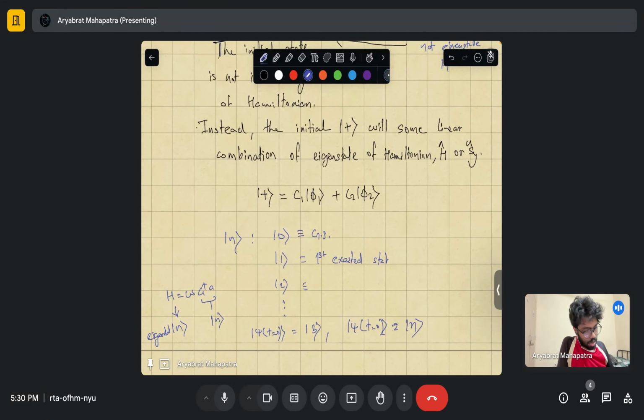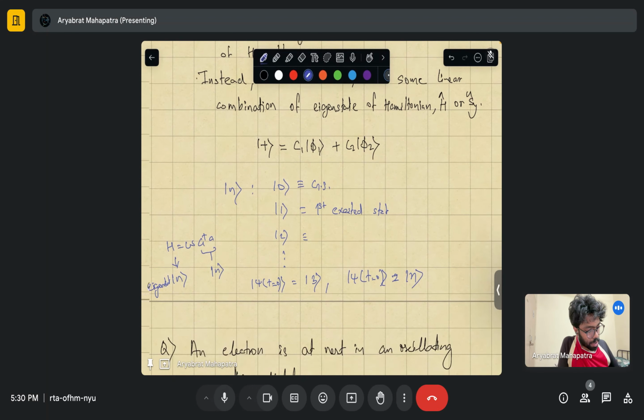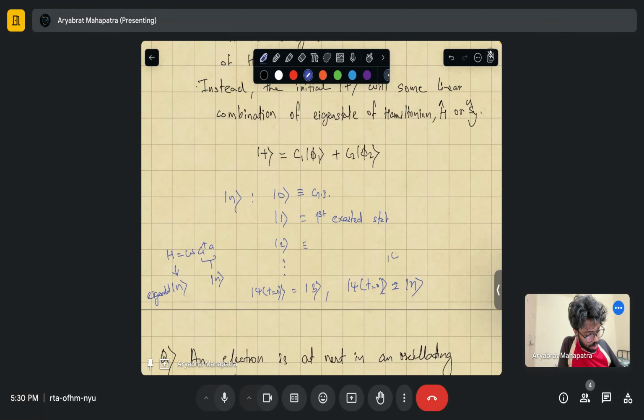Now, if the initial state of this harmonic oscillator is not in any eigenstate, then what would it be? It would be some linear combination, psi at t equal to 0, some linear combination of c1 n1, c2 n2, c3 n3, and so on. It can be any linear combination of any number of eigenstates.